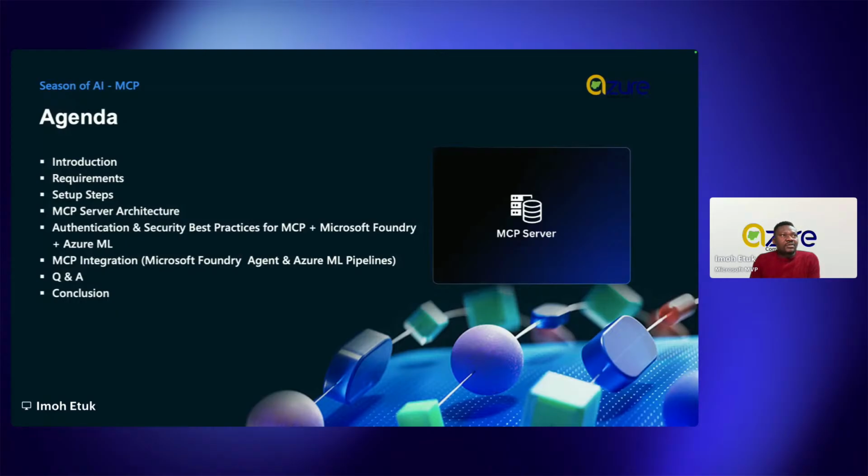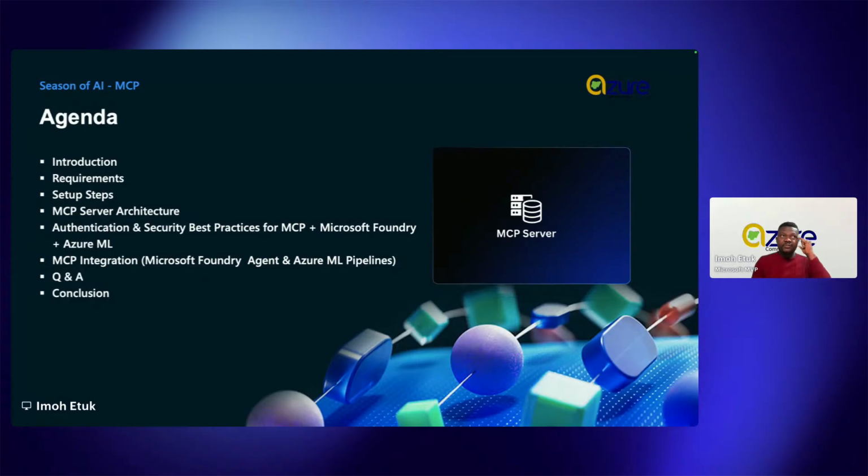I'm going to be taking you through the introduction. I won't do so much because the previous speakers have said so much about MCP servers, and I believe by now we have a clearer understanding, security best practices to follow and all that. I also look at the requirements for implementing this solution and the setup steps.